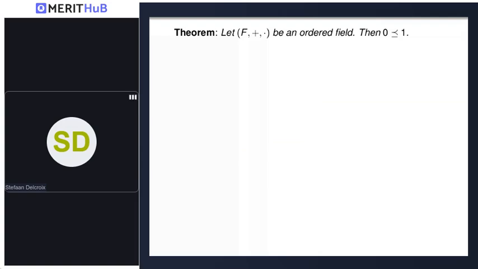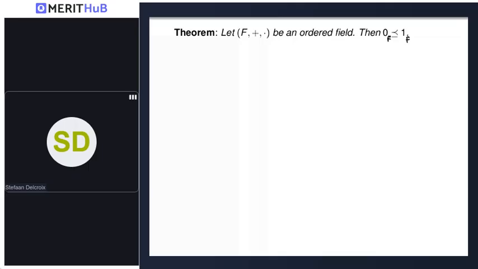Now, you might say, isn't that obvious? Remember again, this is your 0 element and this is your 1 element. They come from different operations. From which operation does 0 come? Addition.